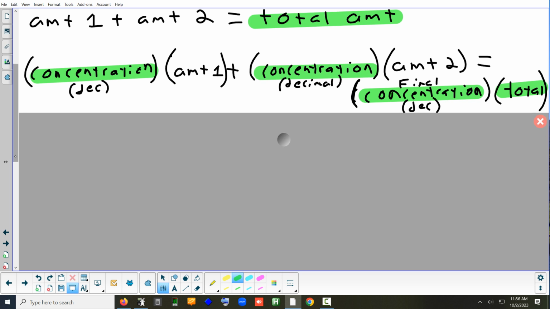Any questions on those two formulas before we try? Yeah. Is the concentration equation that equals the final concentration times the total amount? That's the final concentration times the total. I guess I could put final total there. The amount of liquid?